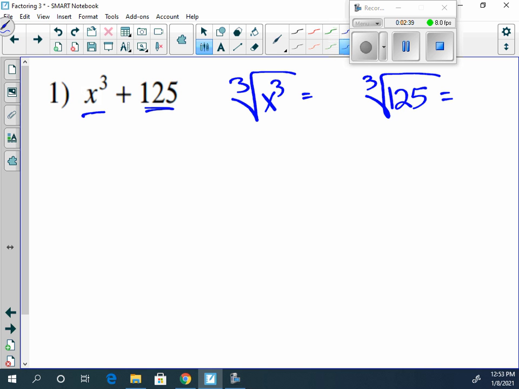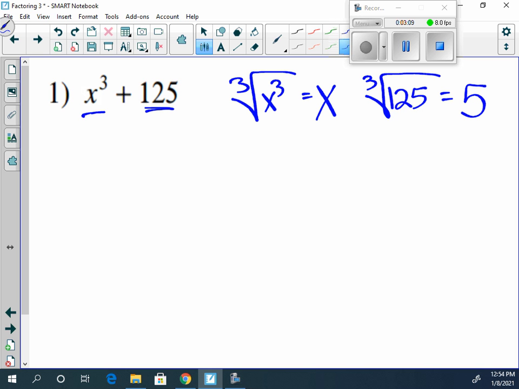And if we get a whole number or a whole term, we don't have decimals, then they are perfect cubes. So the cubed root of x to the third is just x. The cubed root and the third power simplify out. Now the cubed root of 125 is 5.